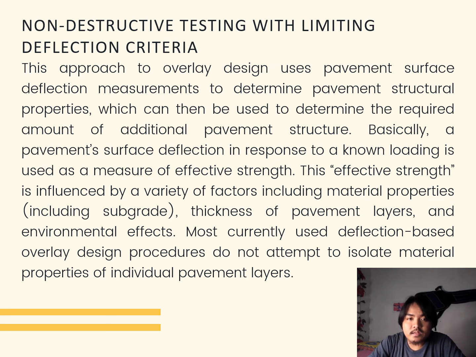This effective strength is influenced by a variety of factors, including material properties, thickness of pavement layers, and environmental effects. Most currently used deflection-based overlay design procedures do not attempt to isolate material properties of individual pavement layers.